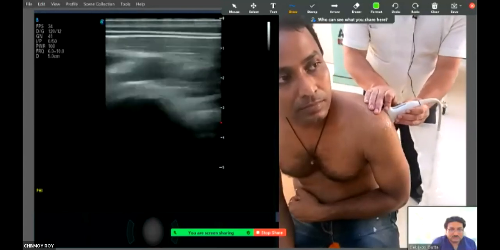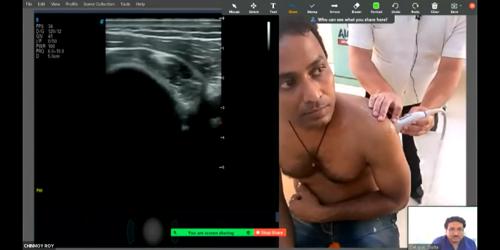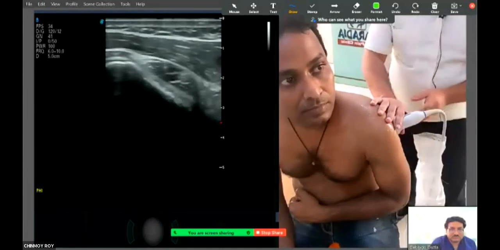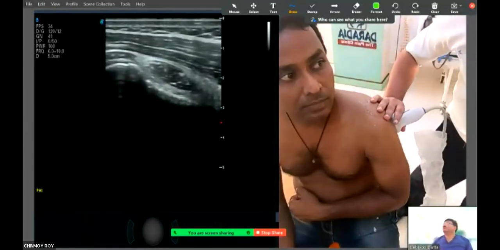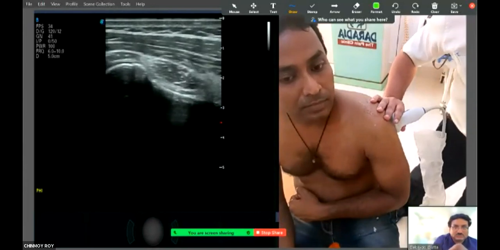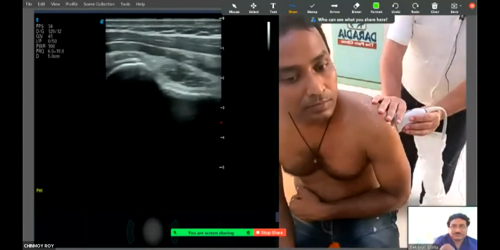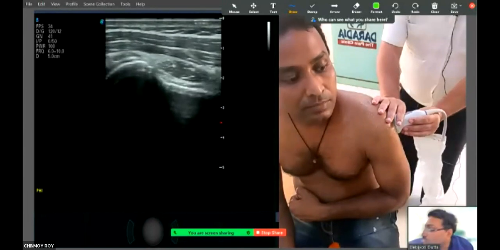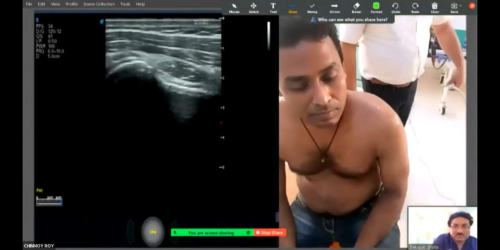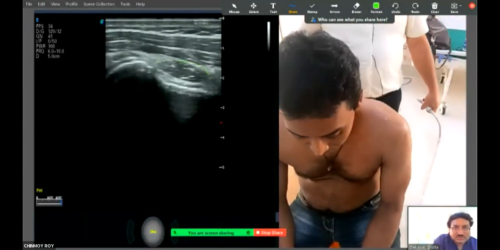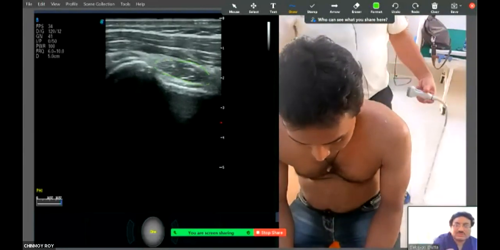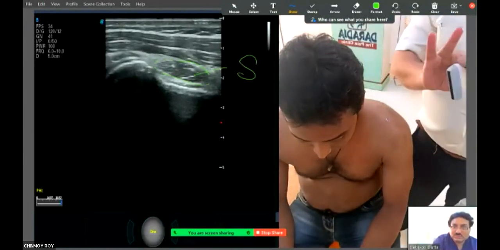Can you see or not? Mark this muscle. So at the neck portion you can see a muscle. This is the teres minor.